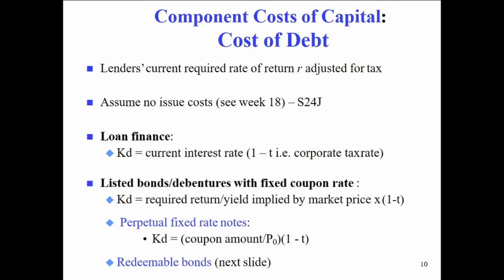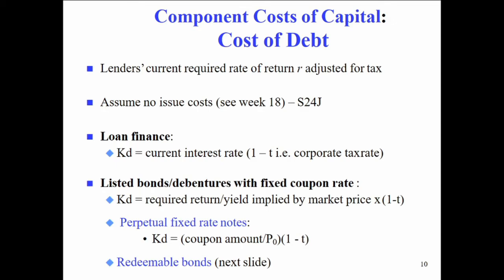So SARS is in actual fact subsidizing the interest payment to the extent of the marginal tax rate of the company. So the real cost to the company is actually lower than the current interest rate because of the tax shield that SARS allows. So we must make sure when we are calculating the WACC that we are looking at the cost of debt after tax.